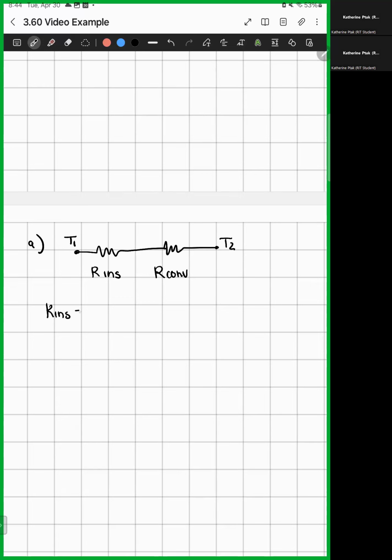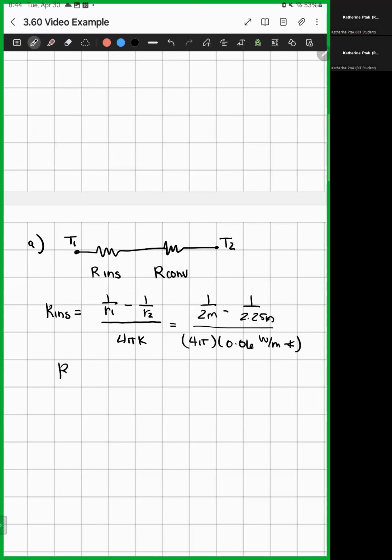So our insulation equals (1/R1 minus 1/R2) over 4 pi K, which equals (1 over 2 meters minus 1 over 2.25 meters) over 4 pi times 0.06 watts per meter Kelvin. We get our insulation equals 0.07368 Kelvin per watt.